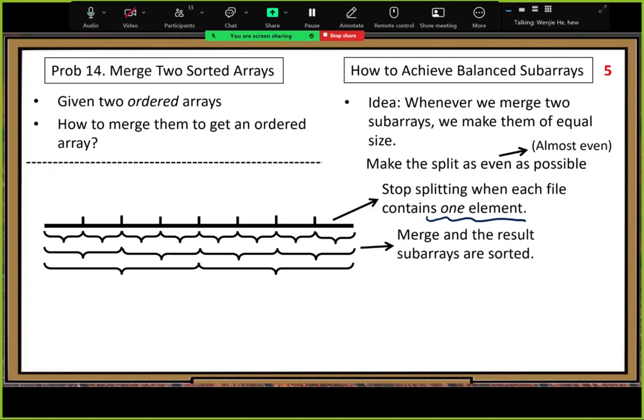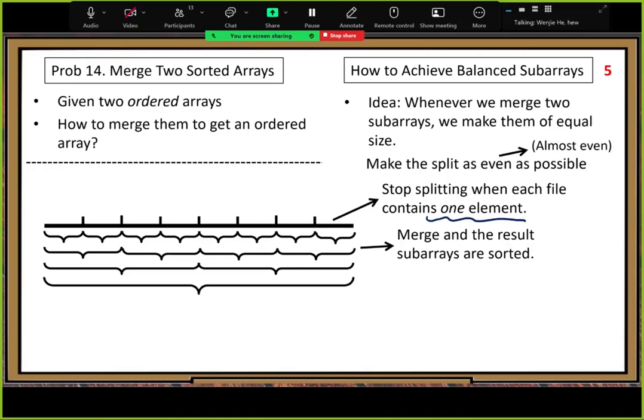Then another round, larger ordered subarrays, and at the end, you merge the last two ordered subarrays to get a whole big ordered array, and you sort the whole big array. That's the idea.